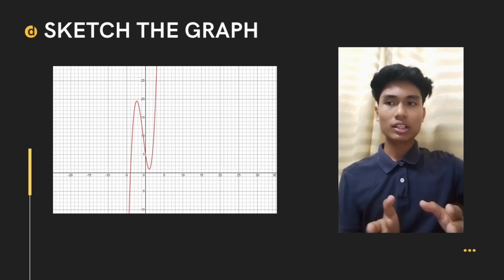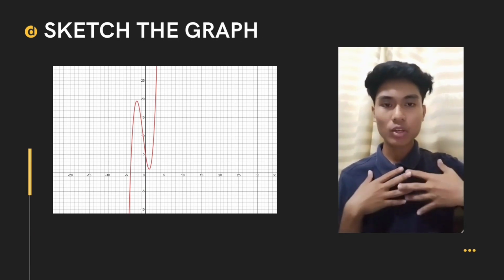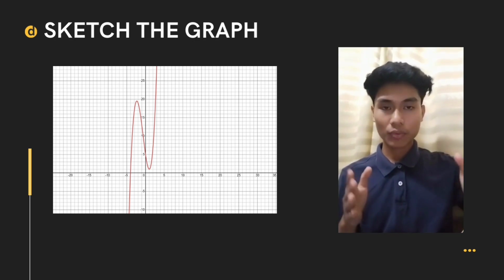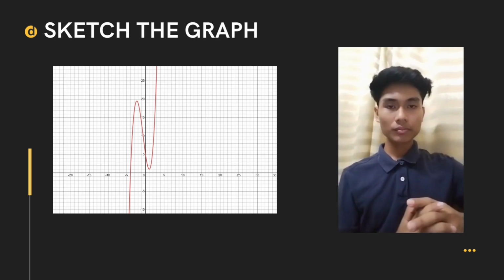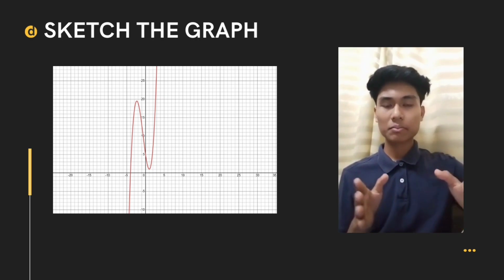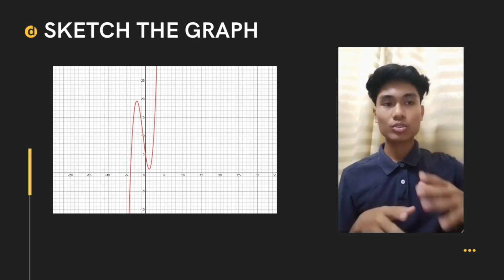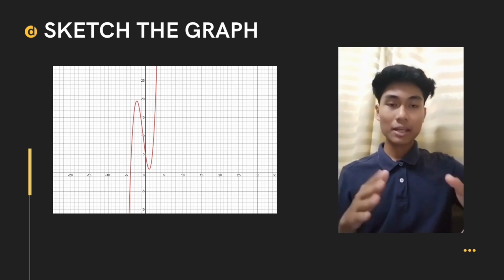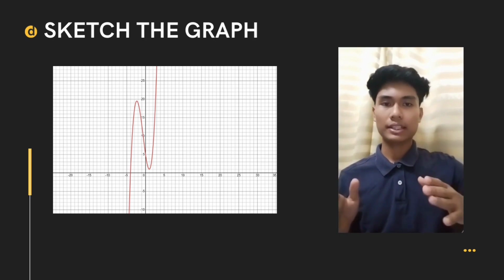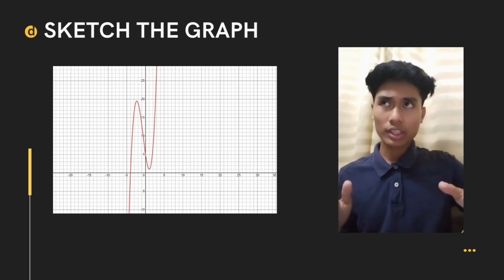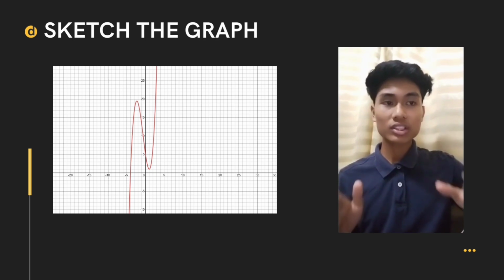Today I will tell about my part, which is we need to sketch a graph for our question. To draw a graph, the way to determine the shape of the graph is to see whether the minimum point and the maximum point are more than zero or less than zero. This determines the shape of the graph, whether it is a smiling graph or a sad graph.